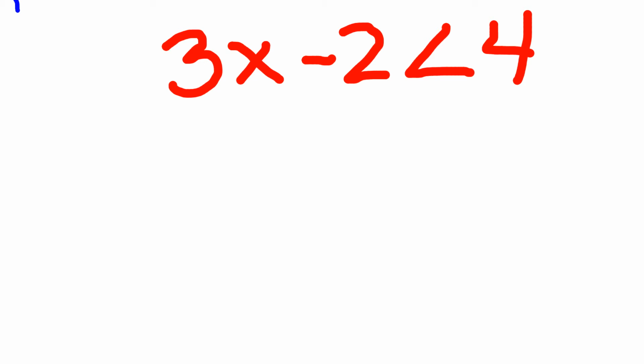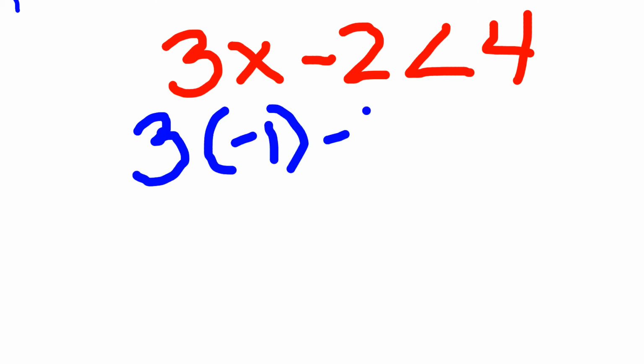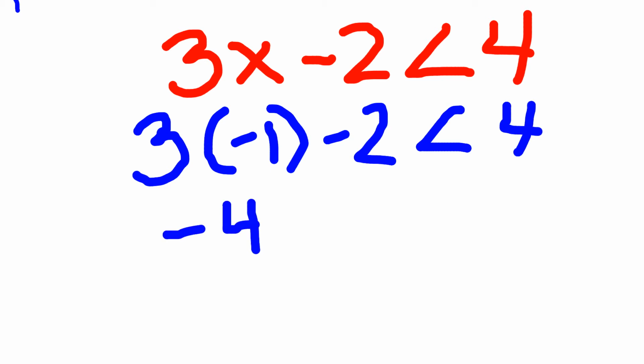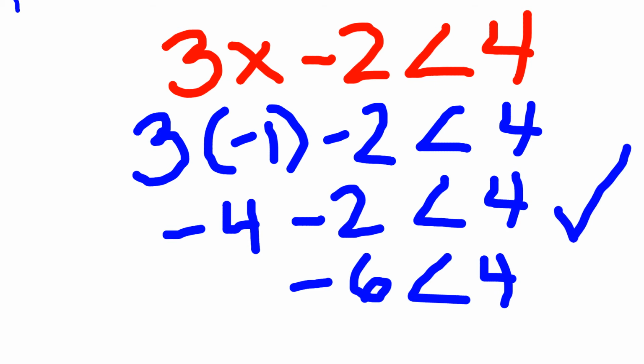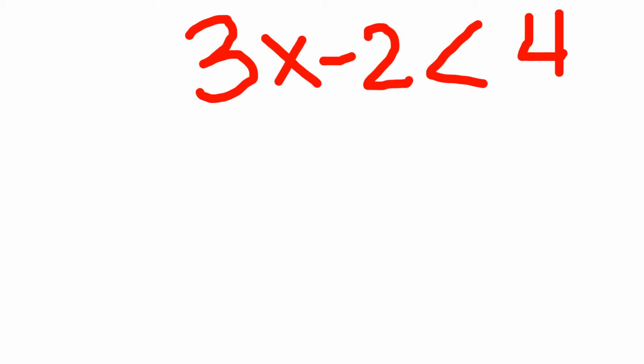So let's try plugging in -1. Where x is, I'm going to plug in -1. I get 3 times -1, which is -3, minus 2 is less than 4. Is -5 less than 4? Yes, so -1 works. Let's try one more.